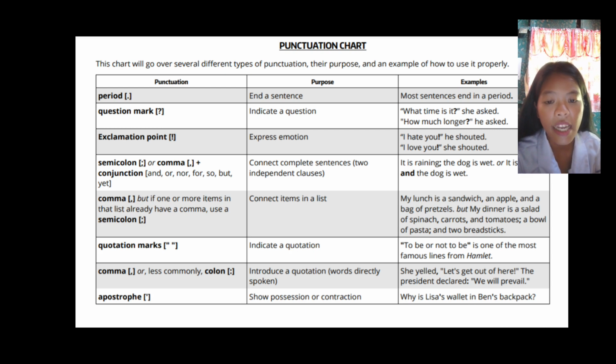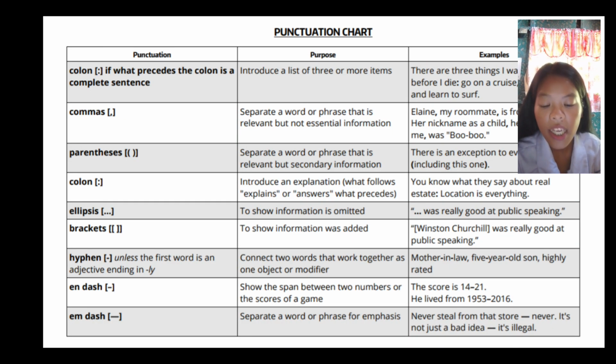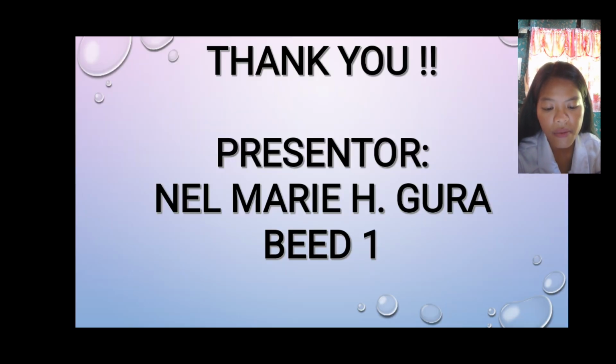So in this slide, this is the punctuation chart. This chart will go over several different types of punctuation, their purpose, and an example of how to use them properly.